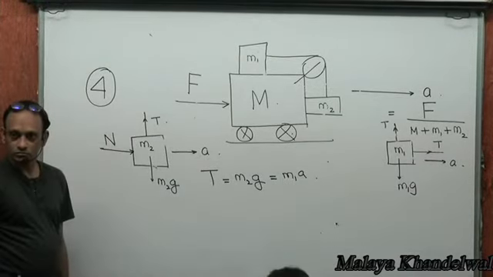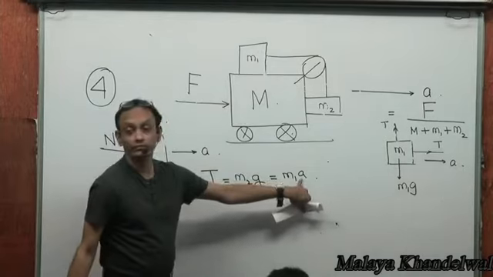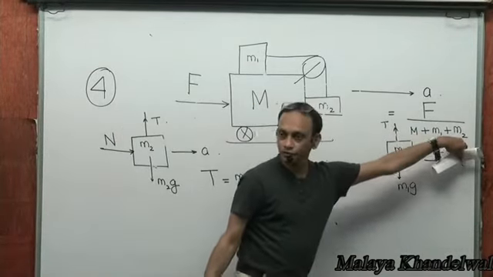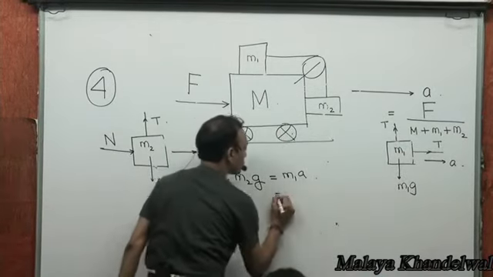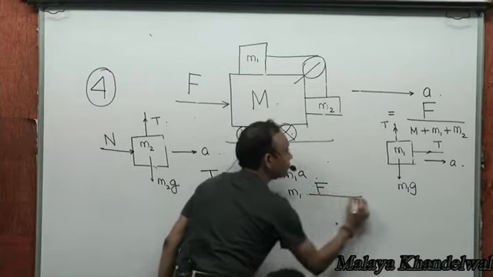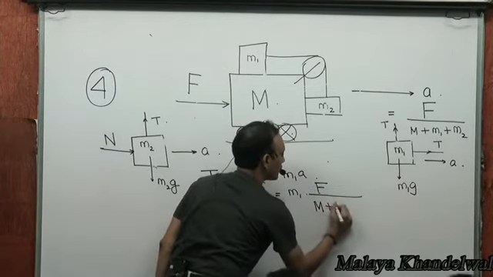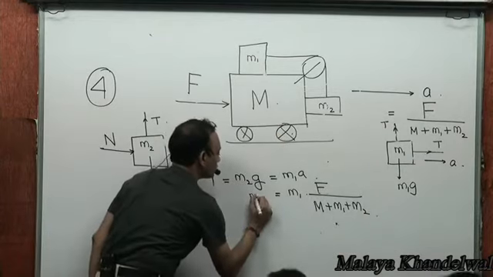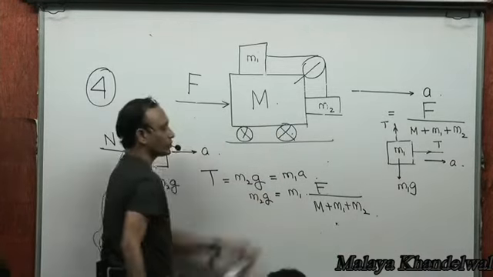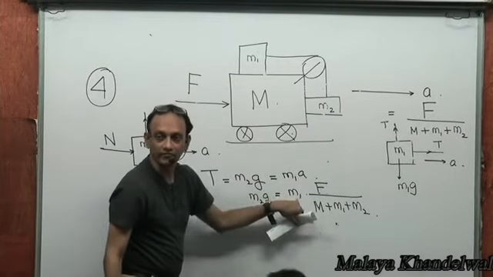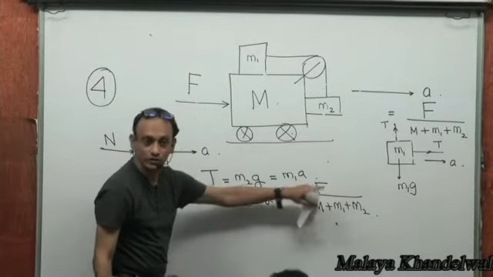Yes or no? And do we have knowledge of A? A is F by capital M plus M1 plus M2. That must be equal to M2G. So capital F must be this into this divided by M1. Capital F is what we needed to compute, right?